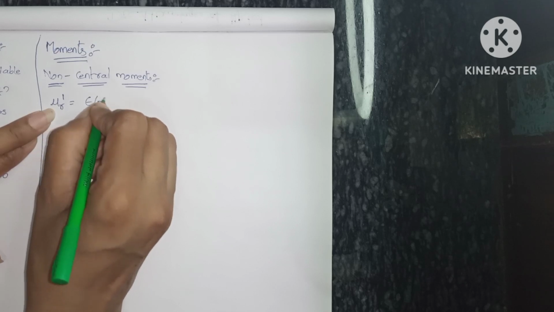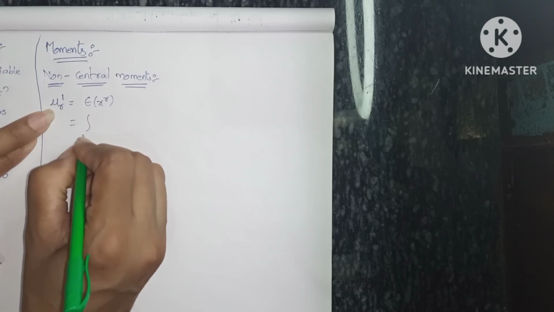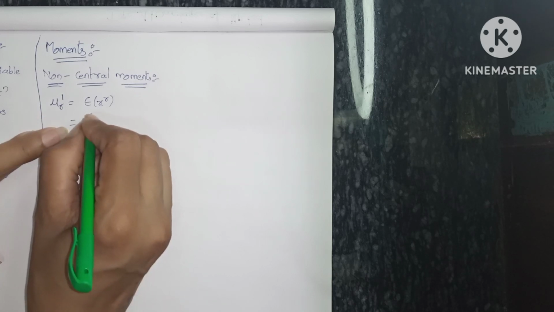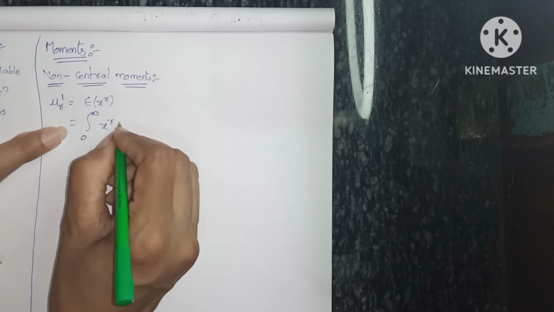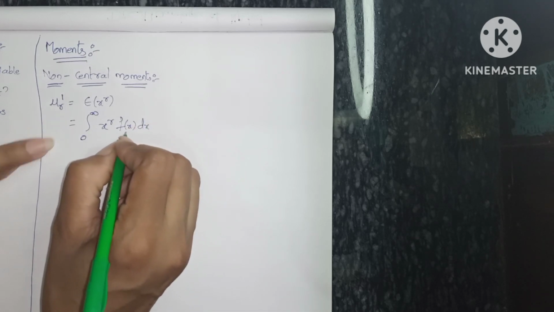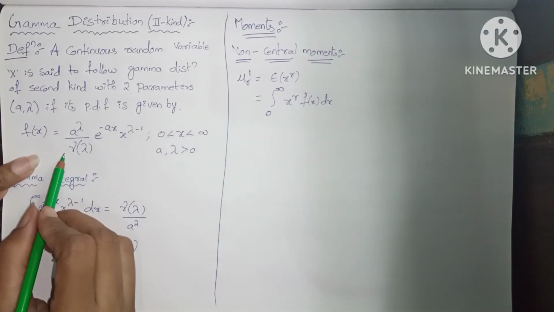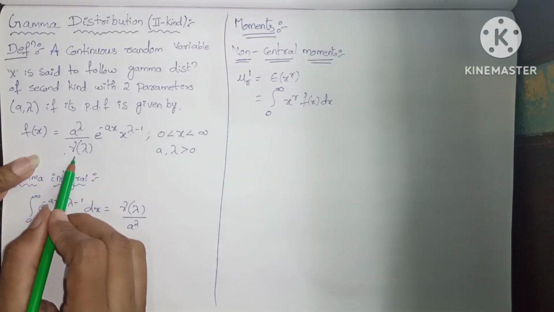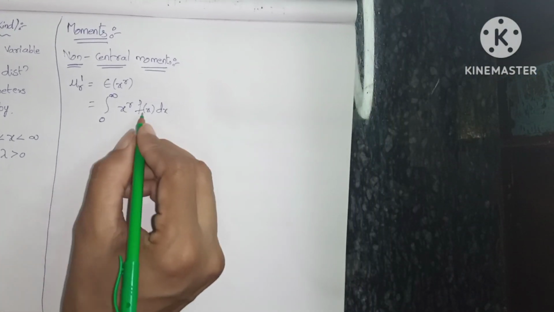Expectation of x power r. This can be written as the integration from 0 to infinity of x power r into f of x dx. Since this is gamma distribution of the second kind, we write this formula in place of f of x.